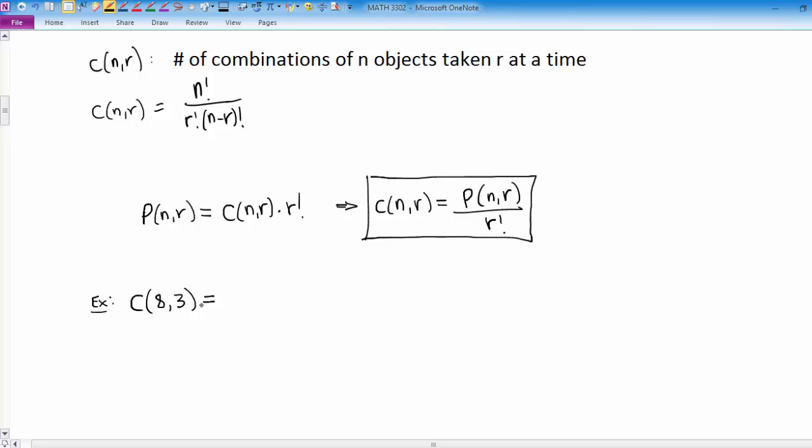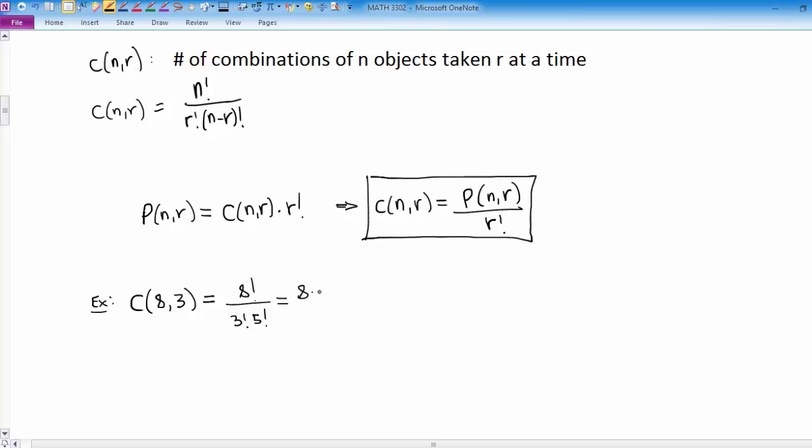Now again, how do we find this? We can use the formula. Let's use the formula here and see what happens. So this would be 8 factorial divided by 3 factorial times (n minus r) factorial. So it would be 8 minus 3, that's 5 factorial.